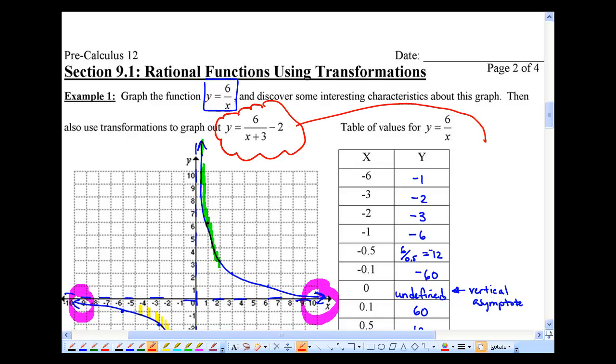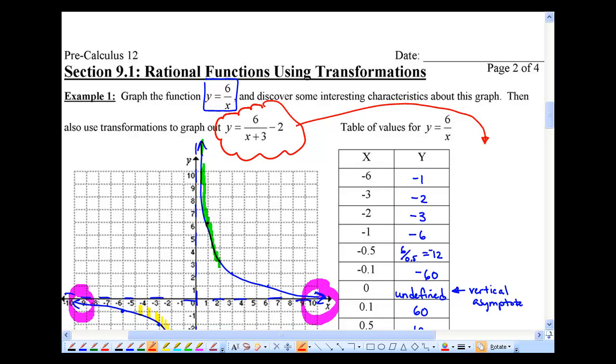Can someone tell me what transformations occurred to go from the blue to the red equation? If you're not too sure, look back at your first page. But in this case, you notice you replaced x with x plus 3.